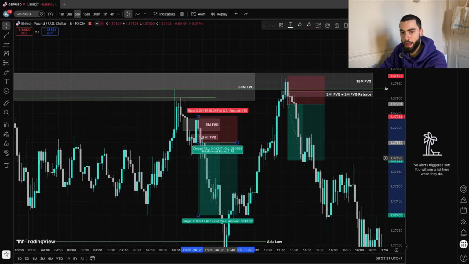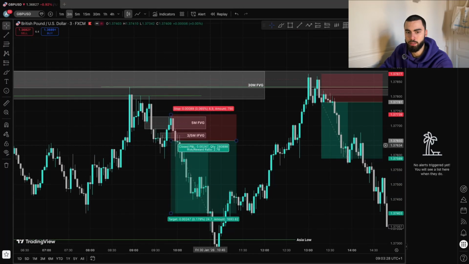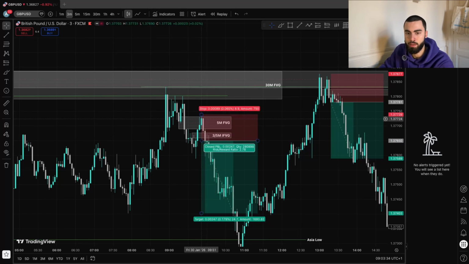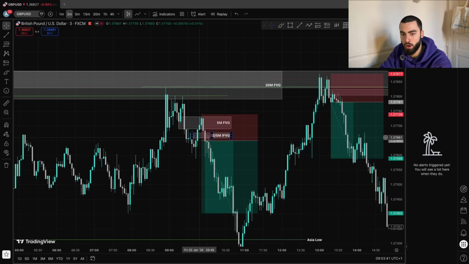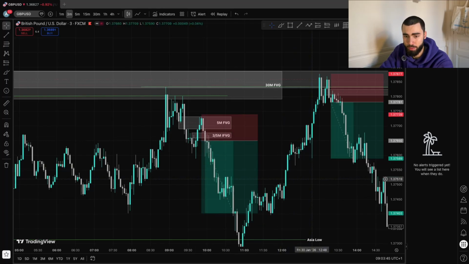So I noticed this 5-minute fair value gap getting created. What I wanted to see was a 5-minute retrace into it, and it happened perfectly. The candle didn't even go 1 pip above the fair value gap. Eventually, once it came down, it created this beautiful 3 and 5-minute inverse fair value gap.